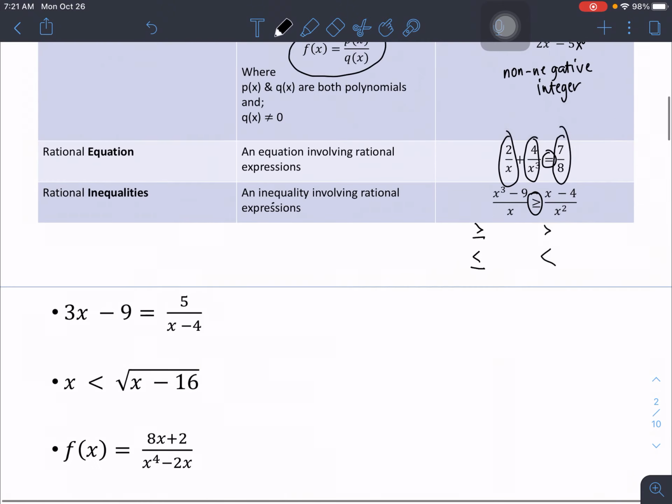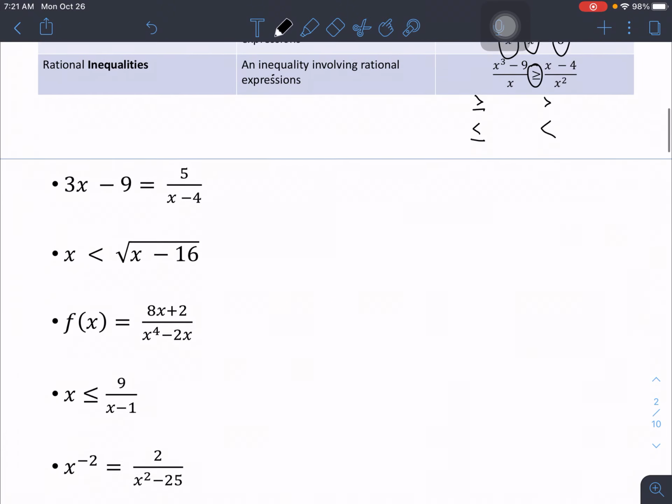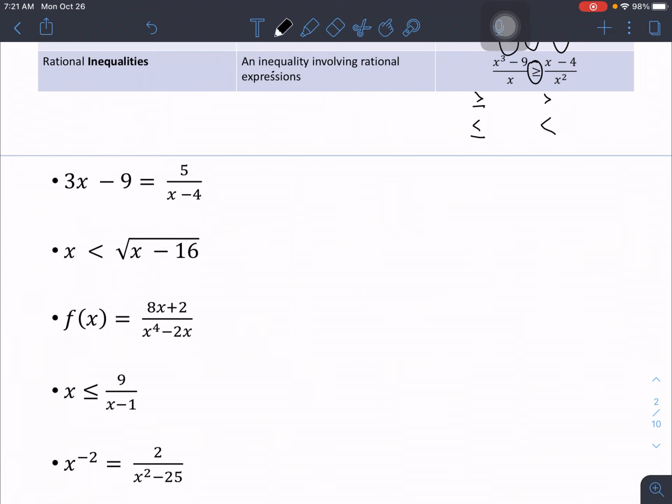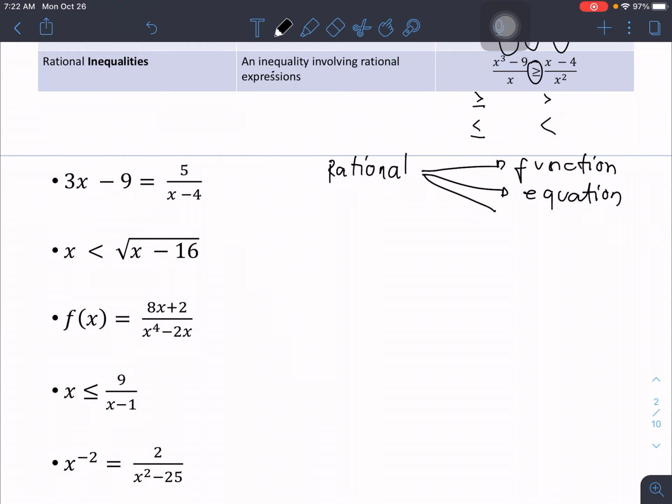Okay, so let's have an exercise. Let us identify first if this expression is rational, and if it is rational, is it a rational function, equation, or inequality.